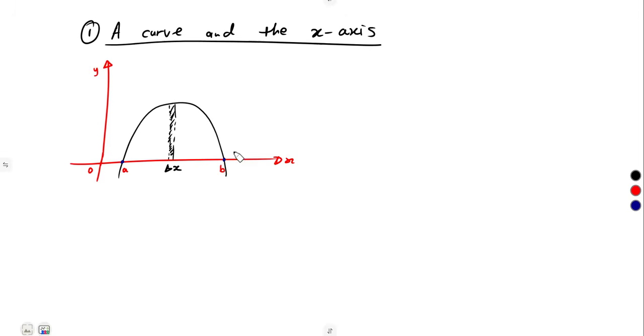So meaning to say, if we are given this function, it is supposed to be y is equal to f of x, where the strip area, in this case, if you are to consider the dA, is simply y dx. The given function times dx. Remember your area strip, guys.